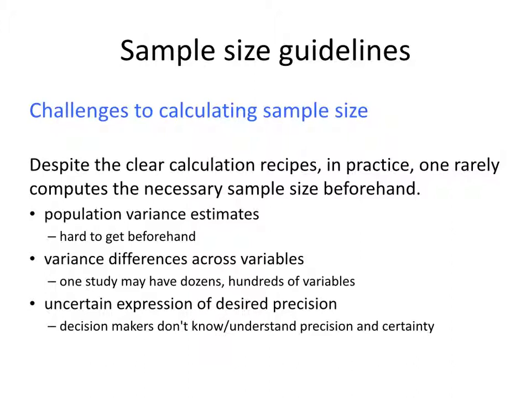And as a result, we often use the sort of traditional confidence levels like 95% or 90% and fairly traditional precision estimates like plus or minus $100 or plus or minus 2 years or plus or minus 0.2 of a scale point without any very strong reason for why those are appropriate in a given situation.